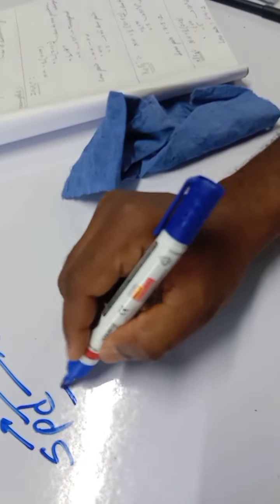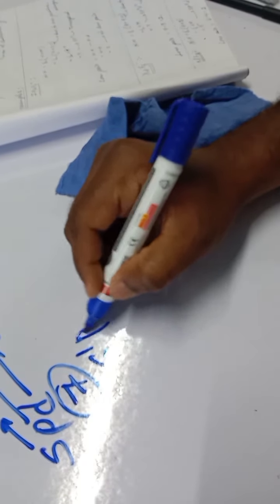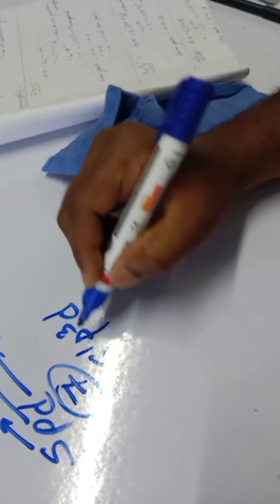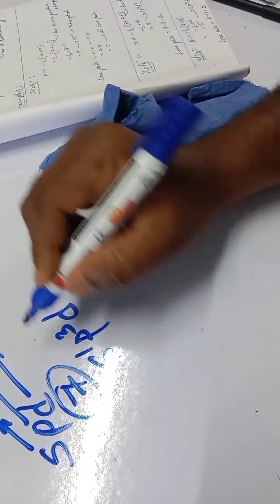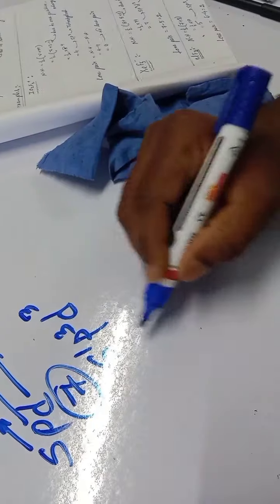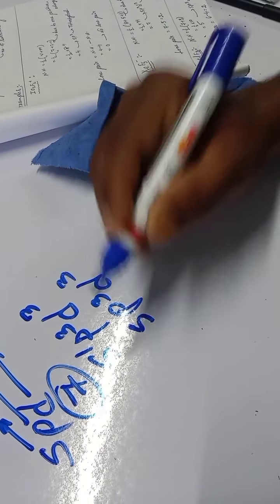If the number of hybridization is 7, you may write S1 P3 D: 1 plus 3 is 4, 7 minus 4 equals 3, that is sp3d3.